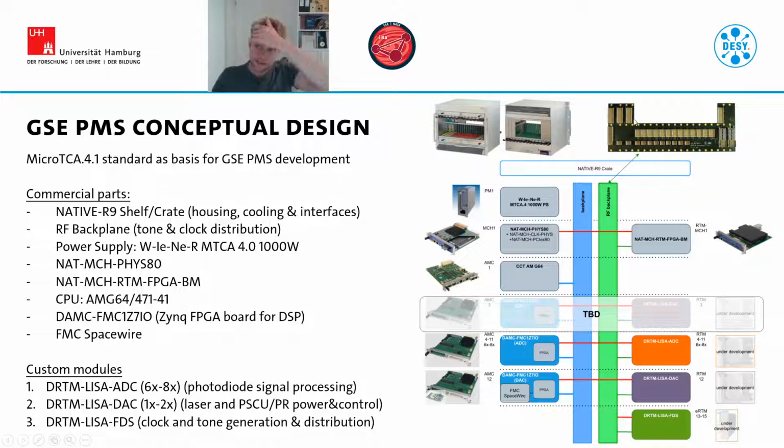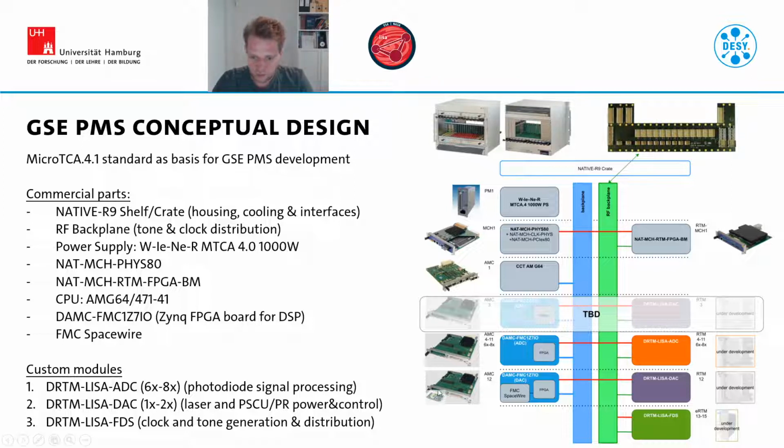On the rear side, there's an additional backplane used in the MicroTCA.4.1 standard. This backplane is used to distribute clock tones or calibration tones or any other precision tones or clock signals between different modules. And this is exactly what we also need for the LISA Phasemeter simulator, so we also use this type of backplane.